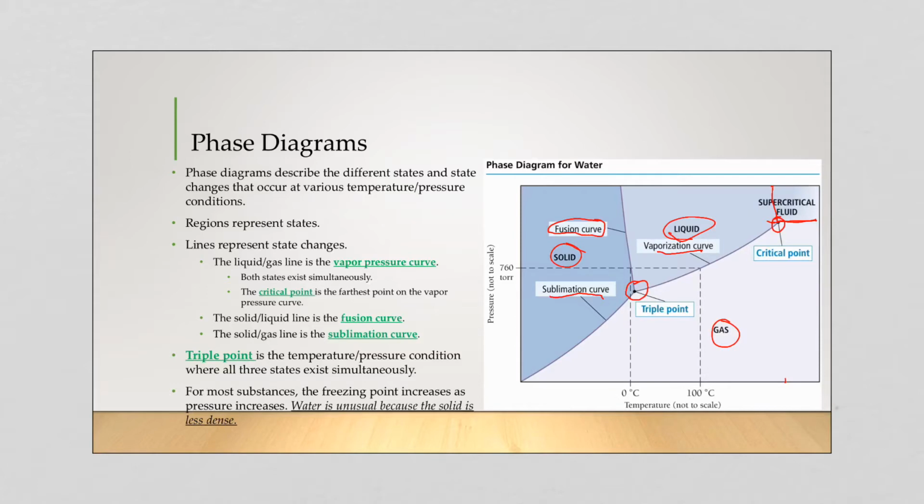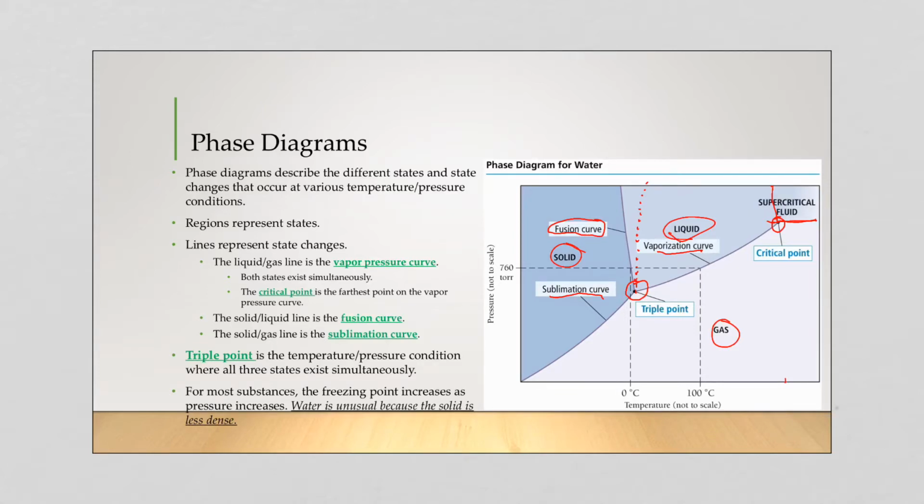For most substances, the freezing point will increase as pressure goes up. So most materials will have a fusion curve that has the opposite slope, if you will. So water is unusual, and this again goes back to the fact that solid water is less dense, and this is manifest in this different kind of fusion curve.